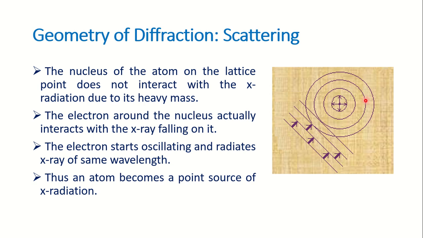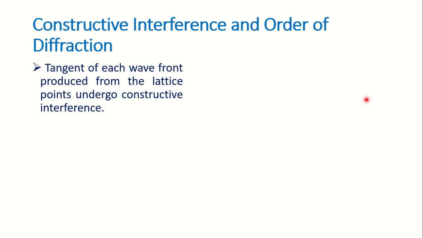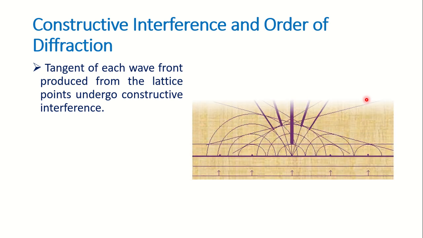At this point, the phase of the wavelength is the same on the surface of this sphere. Now they will undergo constructive interference because they are in the same phase. So the tangent of each wavefront produced from the lattice points undergoes constructive interference. You know all about this constructive interference.